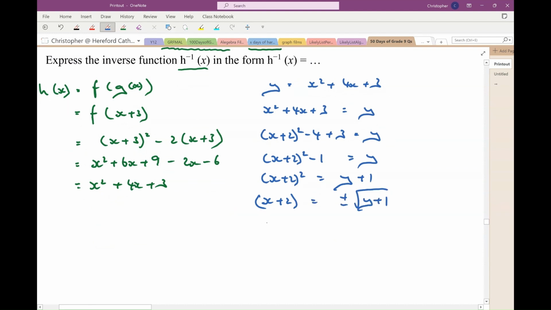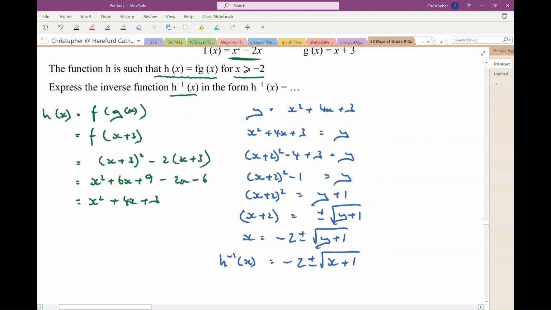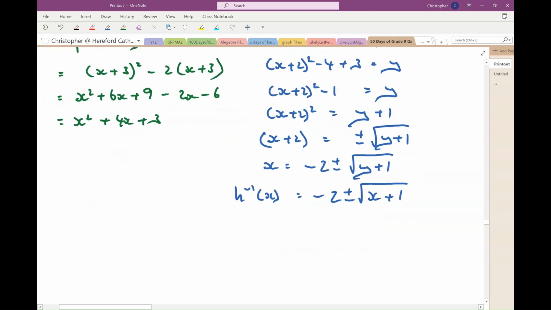Now it's minus 2, so x equals minus 2 plus or minus the square root of y plus 1. So that's going to mean that the inverse function looks like minus 2 plus or minus the square root of x plus 1. But look out, because we know that x has to be greater than minus 2.